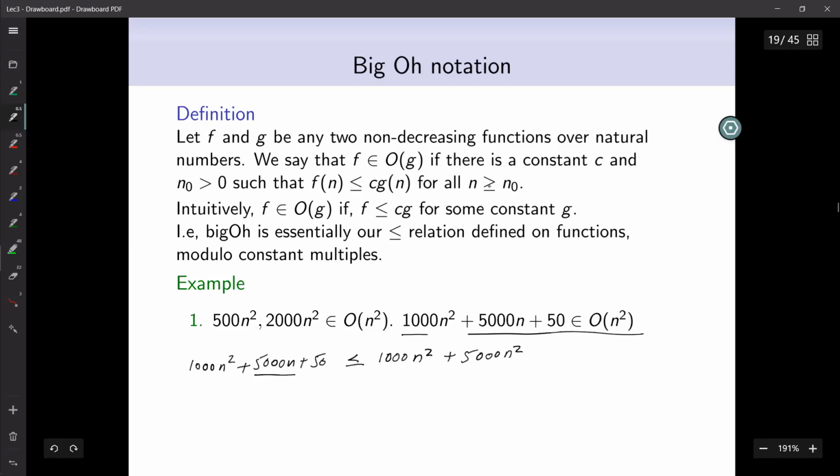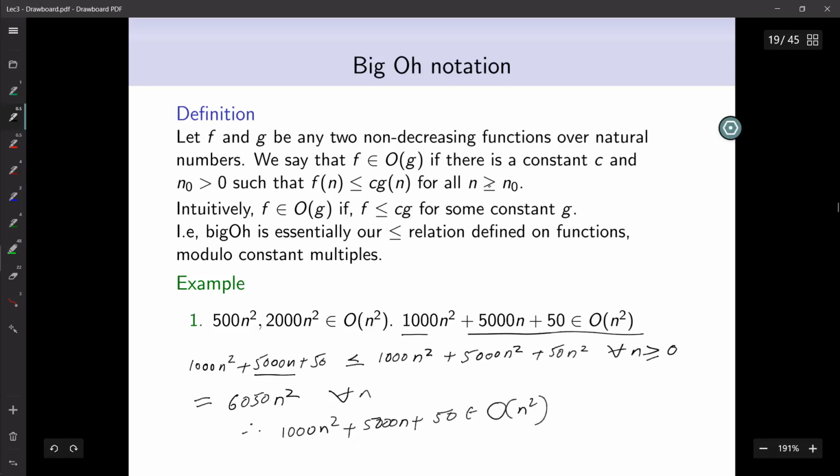And I can also replace this 50 by 50 n square for all n. So this is at most 6050 n square for all n. Therefore, 1000 n square plus 5000 n plus 50 is big O of n square.